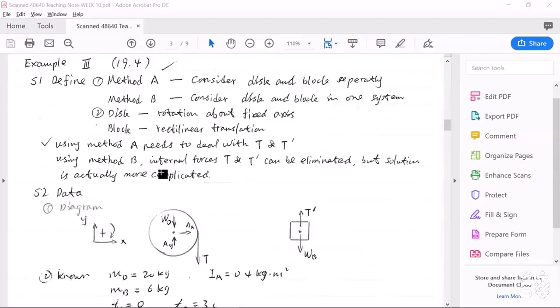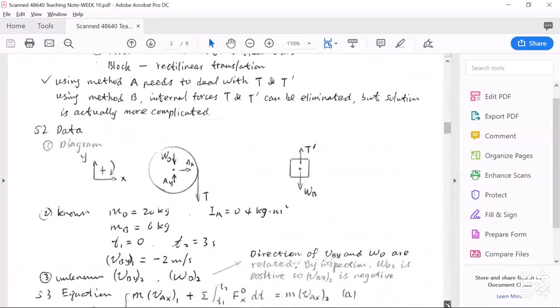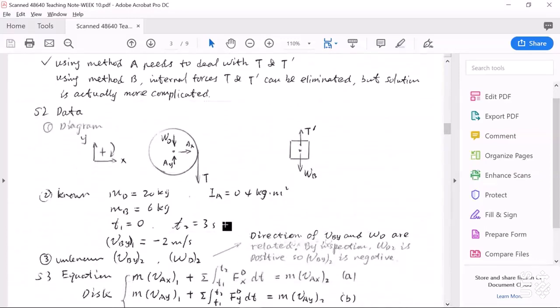So this actually can make the solution more complicated. So in this solution, we will consider the disk and the block separately. Okay, diagram. One is for the disk and one is for the block.